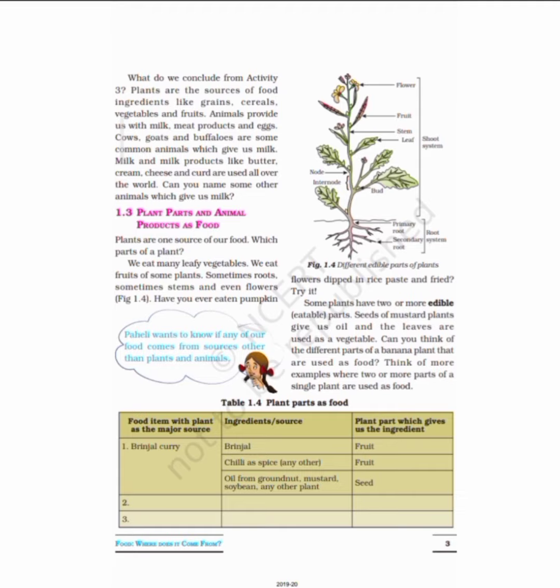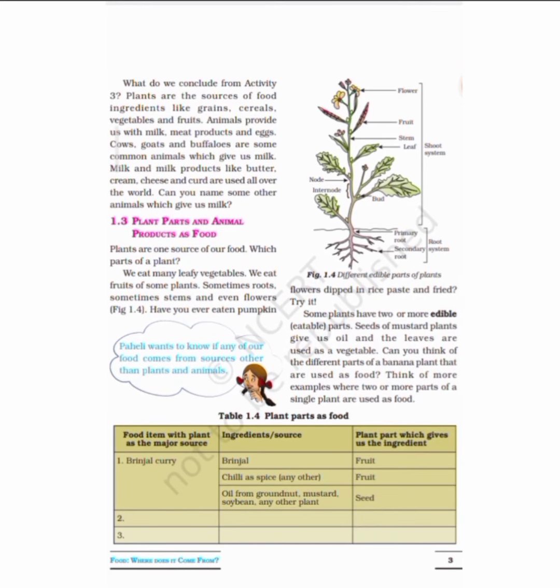These ingredients are from the sources of plants and animals. Plants provide us ingredients such as grains, cereals, vegetables and fruits, and animals provide milk, meat products, eggs. And there could be different parts of the plants that could be the sources of different ingredients.